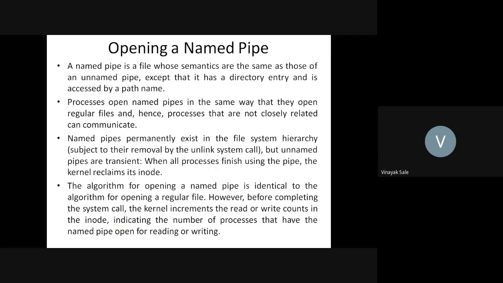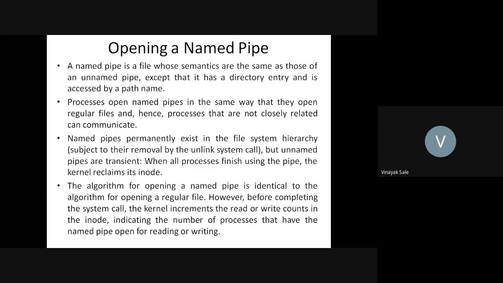Then, opening a named pipe. We have seen there are two types of pipes, named pipes and unnamed pipes, and here we are going to study opening a named pipe.